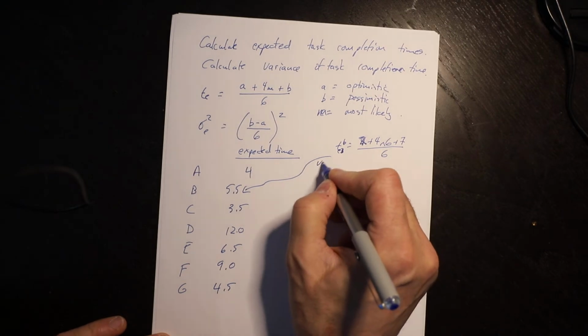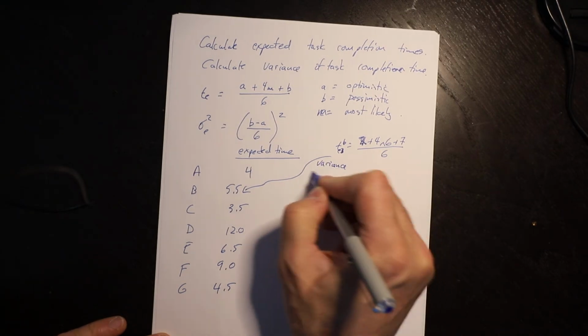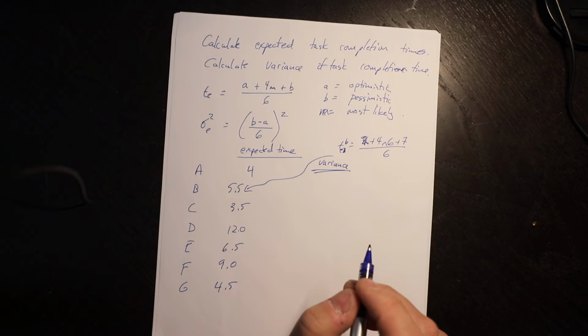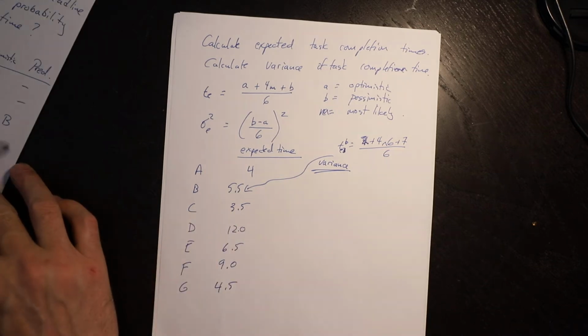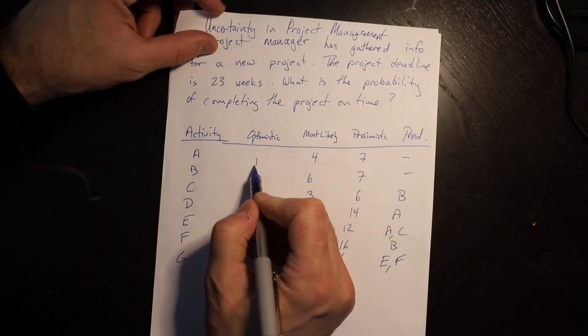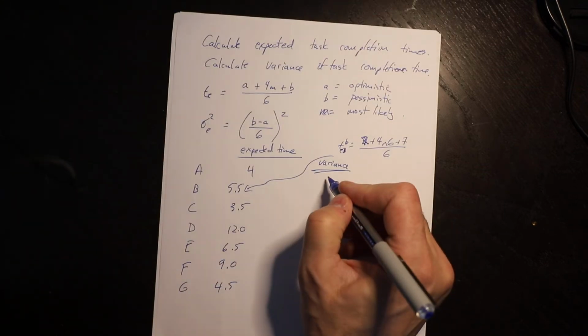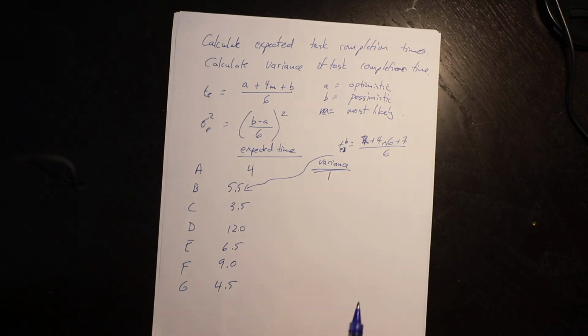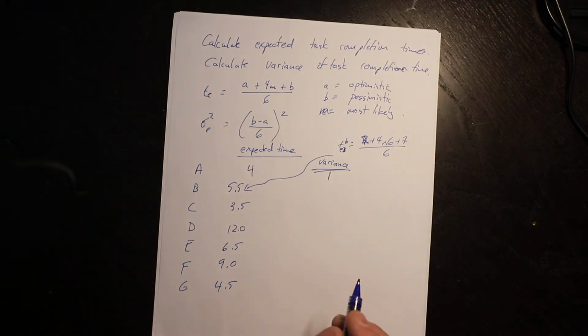And then for the variance, again, we would take B minus A is 6, divided by 6 is 1, squared is 1. So the variance is 1, and we would similarly go through the calculation for each of the other tasks.